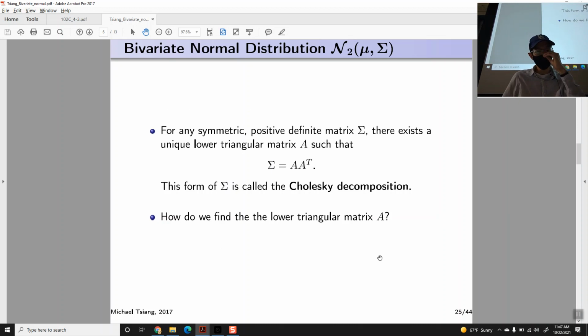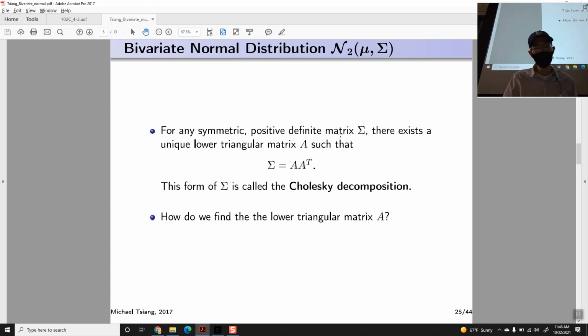If you have some symmetric positive definite matrix sigma, and in most cases your variance matrix is going to be positive definite (technically it's positive semi-definite, but in most cases it's positive definite), then there is a unique lower triangular matrix A such that AA transpose equals sigma. This is the Cholesky decomposition.